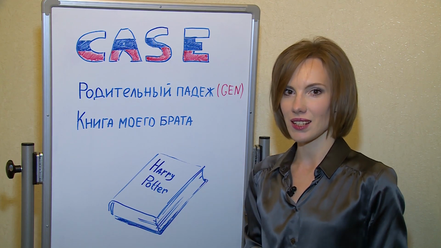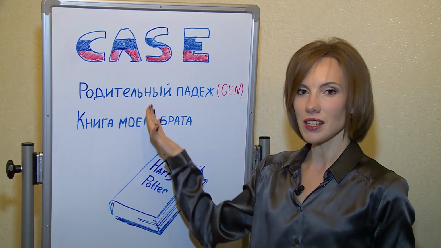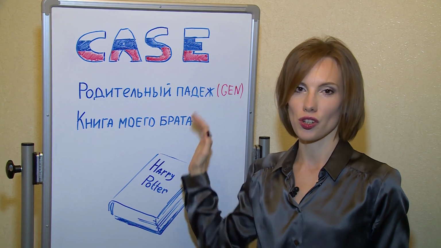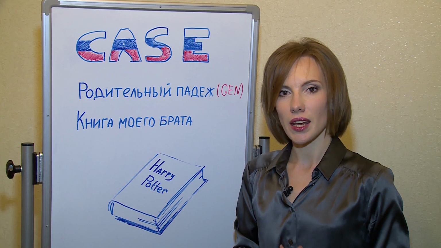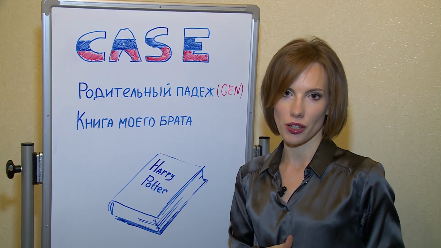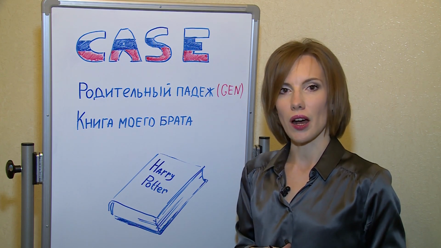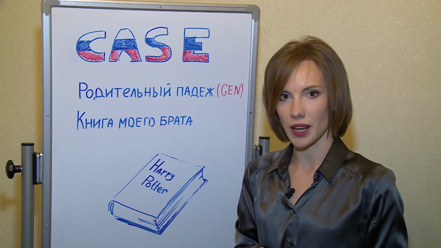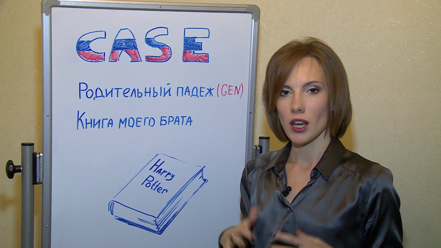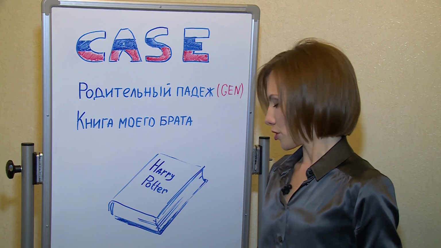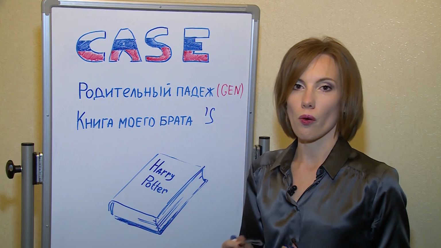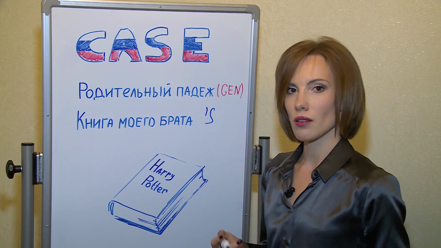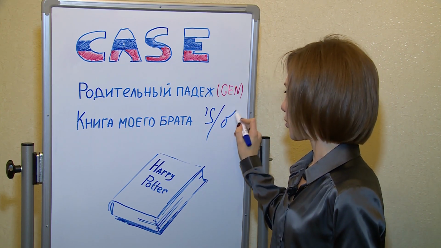The next case is родительный падеж, genitive. The genitive case indicates possession or relation. Putting a noun into the genitive case is the same as using apostrophe s or the preposition of in English.